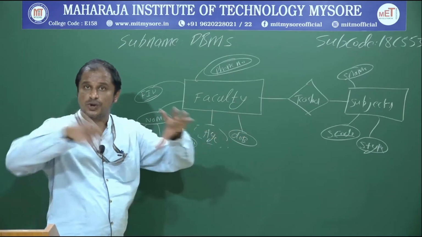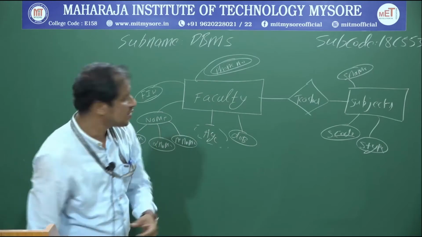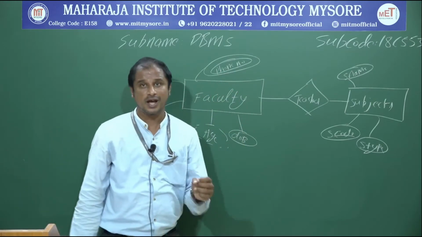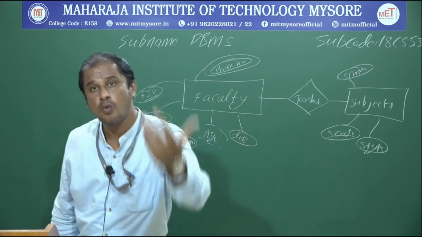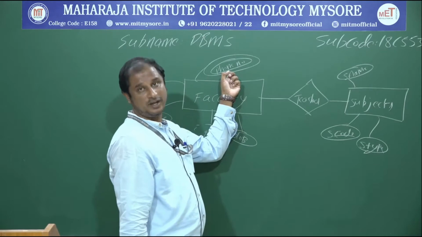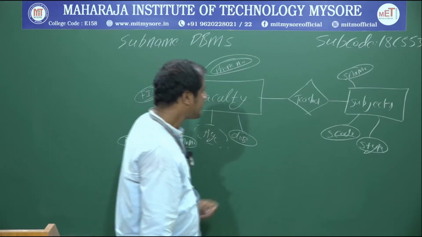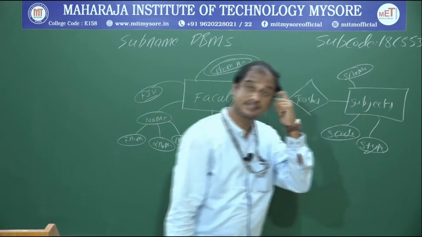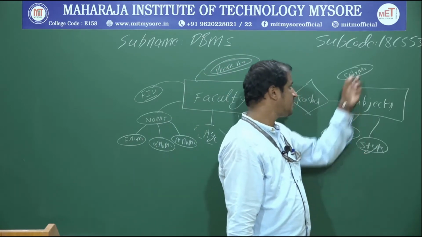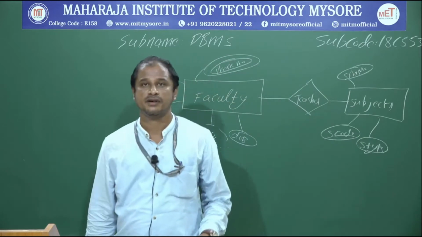An attribute split into attributes itself is called a composite attribute. Then I have a multivalued attribute, an attribute which takes more than one value, that is phone number. Then I have another entity, that is subjects, with a key to identify it, then subject type, then subject name.